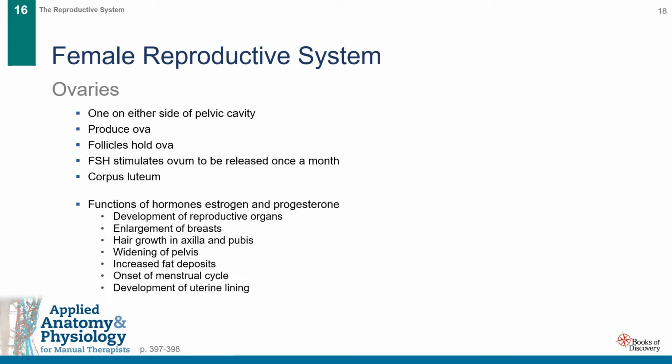Once the egg has been discharged, the remaining follicle is transformed into a glandular mass known as the corpus luteum. The mature follicles and eggs that do not get released disintegrate inside the ovary, and the cycle begins again.